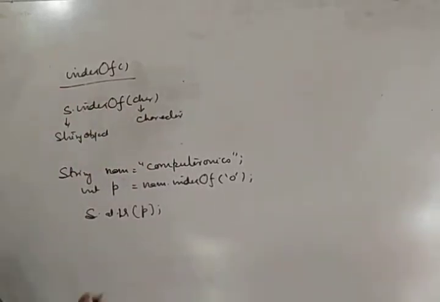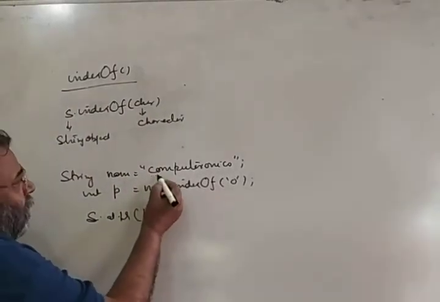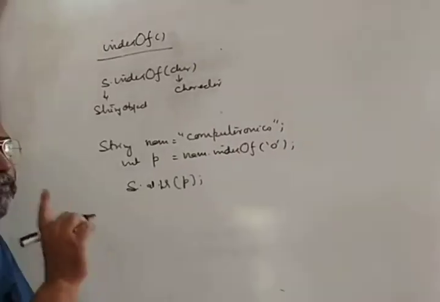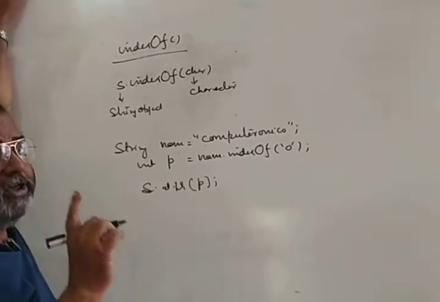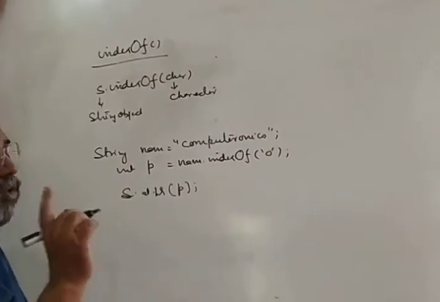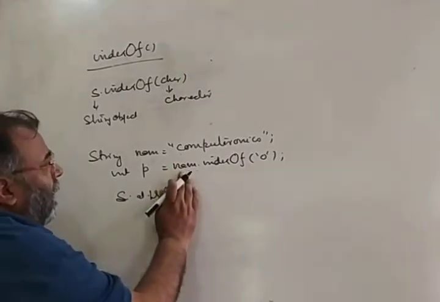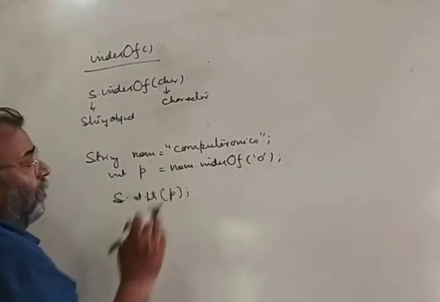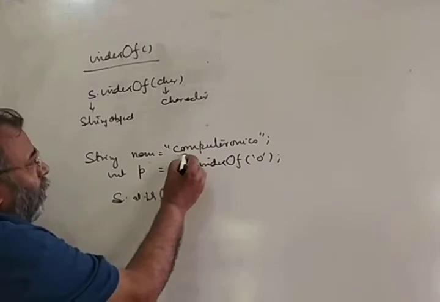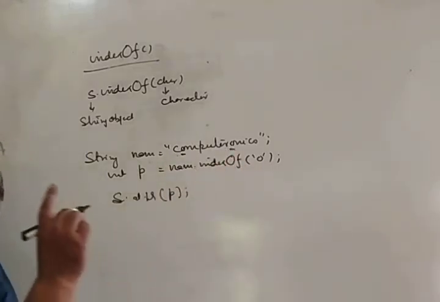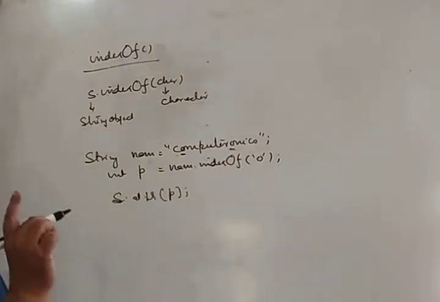Suppose you have a word, say "computeronics". You want to know the position of the character O. So you write s dot indexOf('o'). You can see very clearly that O is at two places. It will tell you the position of the character on its first occurrence.